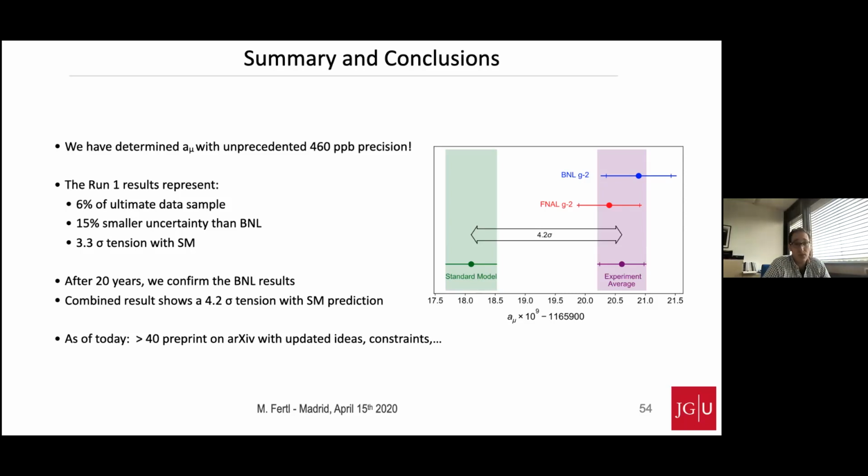And I checked just before the seminar, as of today, there are more than 40 preprints on the archive with updated ideas and constraints on how to actually interpret our result. And so thank you very much for listening, for having me in the seminar today, and I'm open for questions.